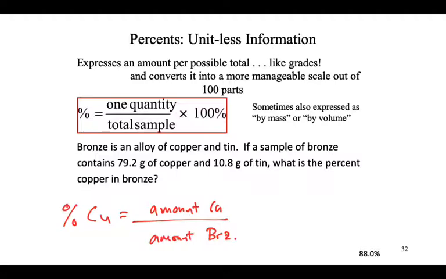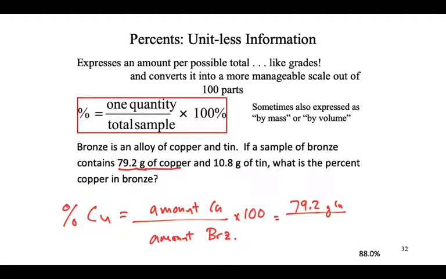I would have to multiply by 100. So now I go to the question, do I have the amount of copper? Yes. Yep, I read through. There's a number, grams, copper associated. I get 79.2 grams of copper. I need to divide it by the amount of bronze. Am I given the amount of bronze?